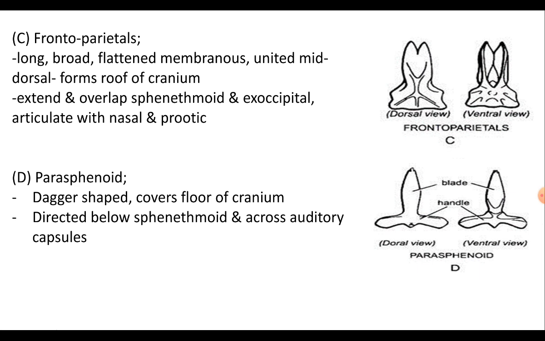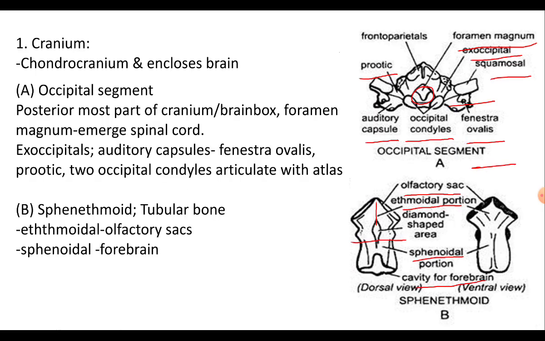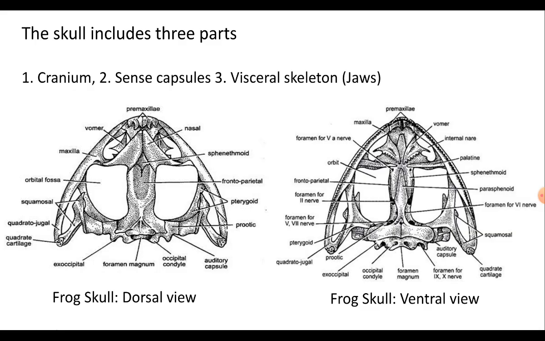Coming to the frontoparietals, these bones could be seen in the entire skull of the frog on the dorsal side.